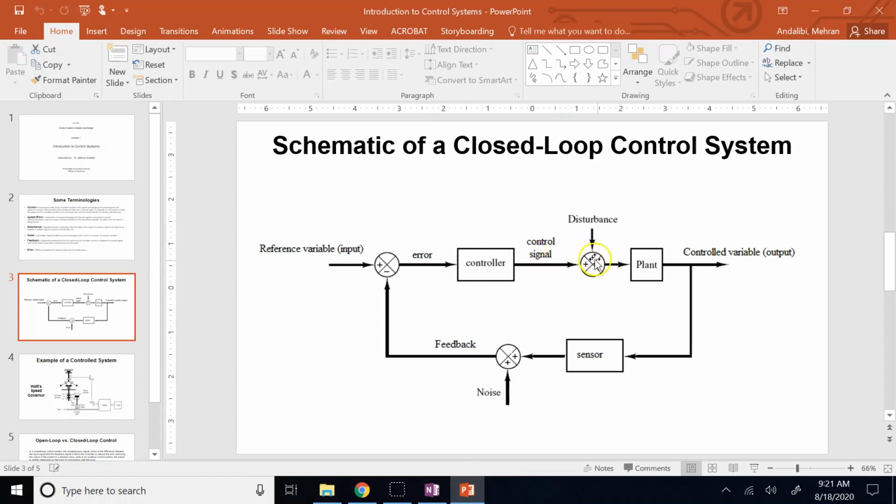Now, as I said, the plant is not only affected by the control signal, there is another unwanted type of input to the system that is typically beyond your control, and it is not predictable most of the times, and that will change the output of the system.